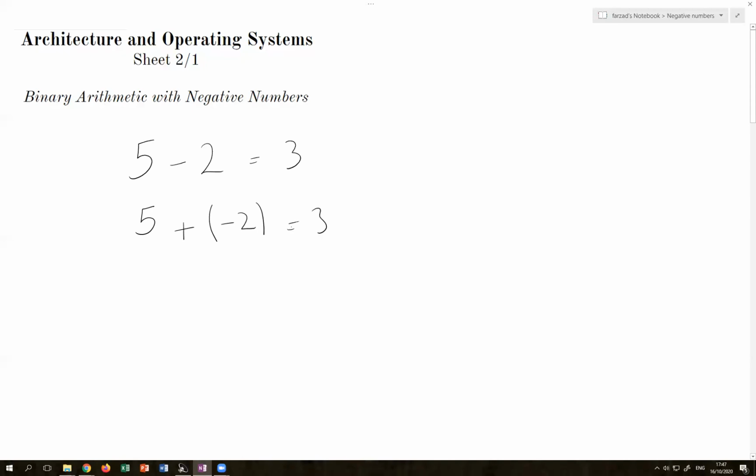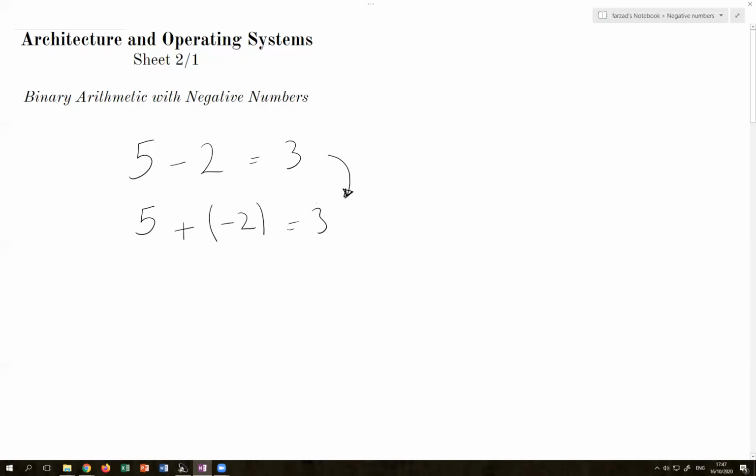So why does the computer do that? Look, the computer uses hardware to do the operation. Instead of having specific components to do the subtraction, we use the same hardware that we have for addition. In terms of efficiency, if we can convert the subtraction to addition, we make the machine more efficient.